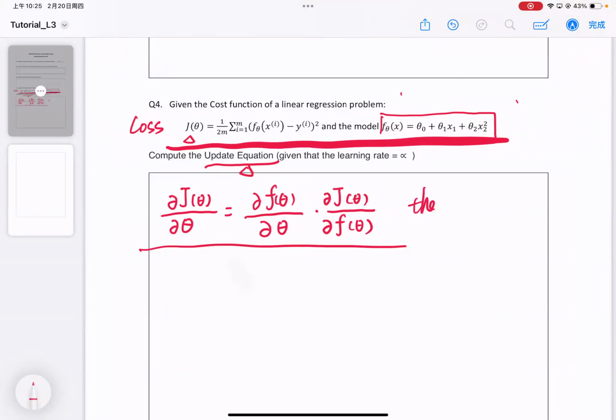The chain rule, 链式法则. So when you are calculating this part, you also need to calculate this part first as a factor. Let's see when we are calculating theta 1.